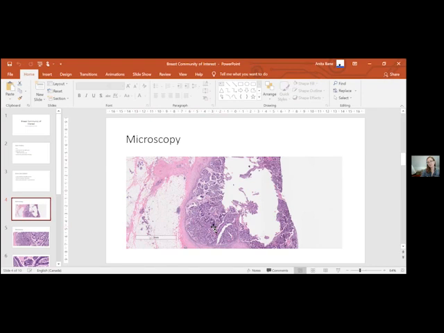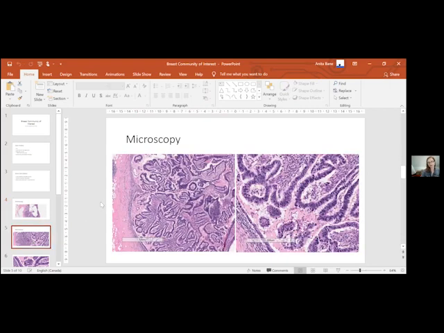And I think even at this magnification, we can all identify that this has a papillary architecture. On slightly higher power view, you can see the fibrovascular fronds, which are proliferating within the center of the lesion, and then this marked circumscription at the edge.